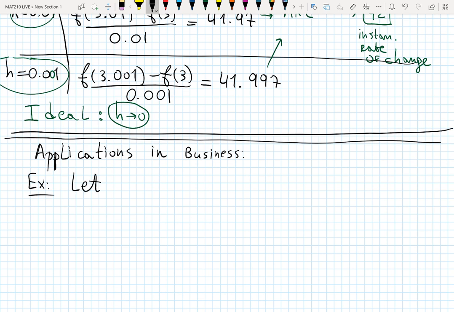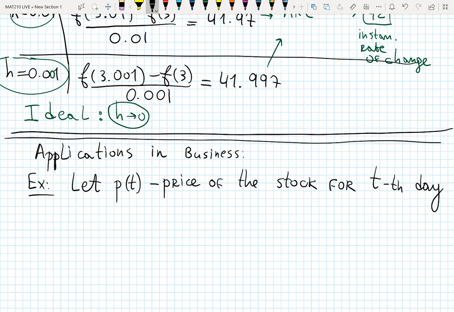If we give you a function which represents the price of the stock in the stock market, and say it's a stock for TVs, electricity, whatever, doesn't matter, for t's day. So say 5th of January, so it's going to be the 5th day of January.